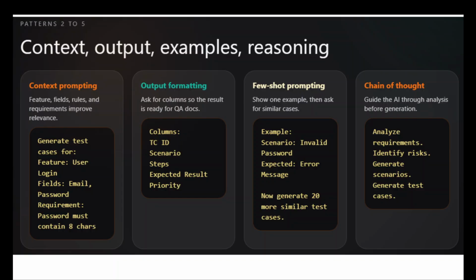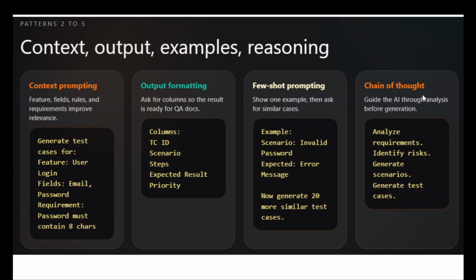And if you provide multiple examples, that is called few-shot prompting. If you provide examples inside the prompt, for example, scenario is invalid password, expected is error message, that is called few-shot prompting, by providing 2 or 3 additional examples inside the prompt.